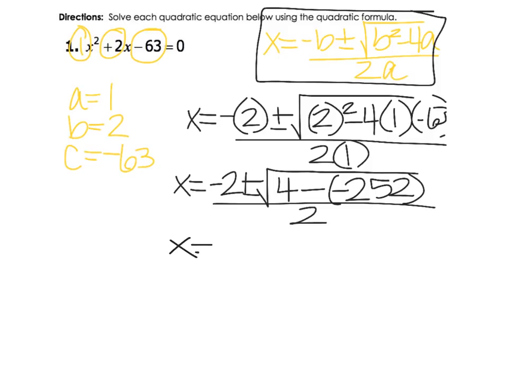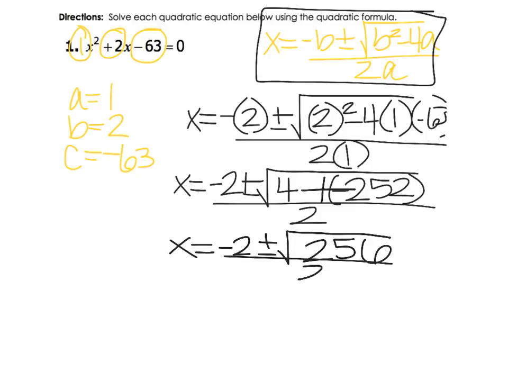We end up with x equals negative 2 plus or minus the square root of 4 plus 252, because minus a negative number, that gives us 256 all over 2. Now the square root of 256 is 16, so we end up with x equals negative 2 plus or minus 16 over 2.